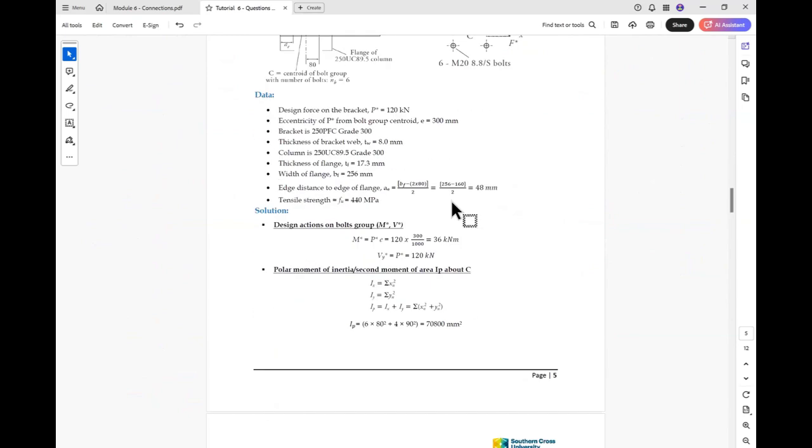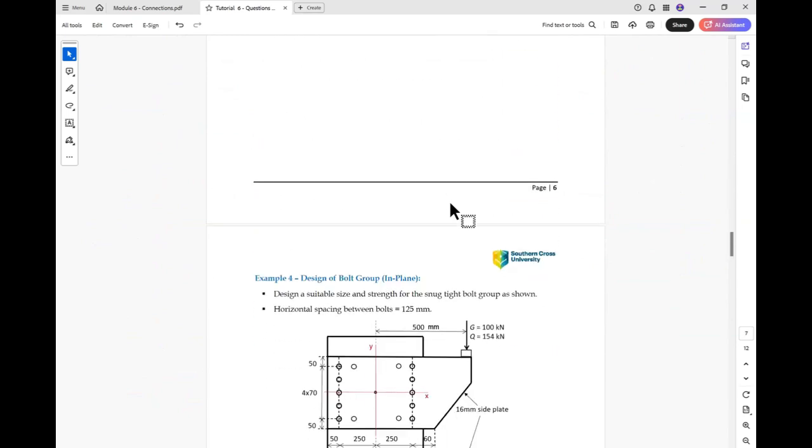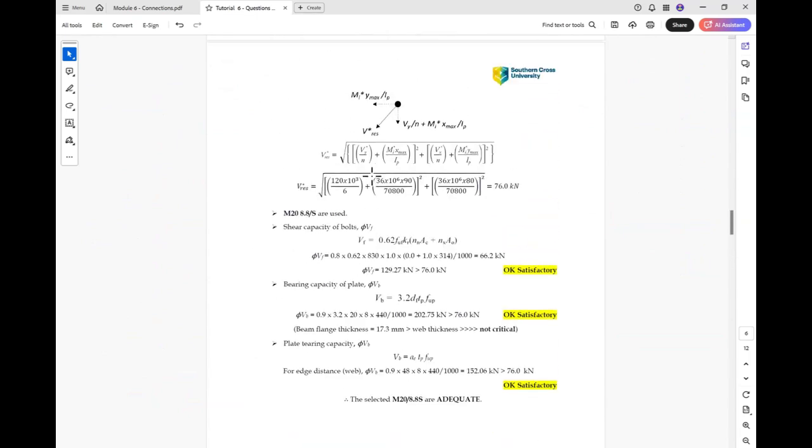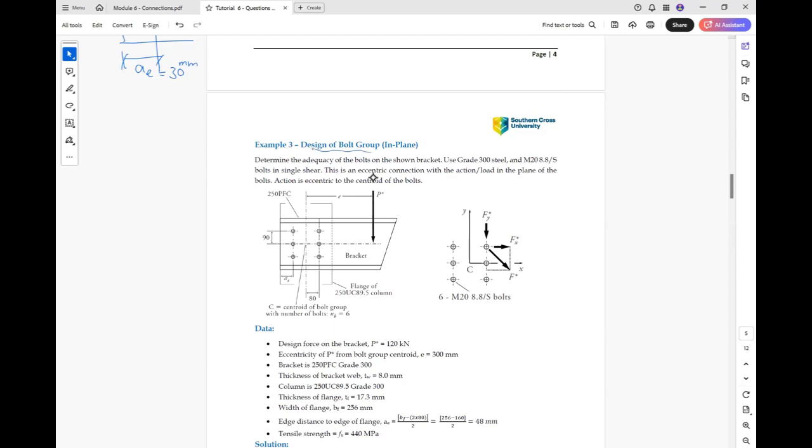So let's have another look here. Take this one. This example is for a bolt group in plane. We need to determine the adequacy of the bolts on the shown bracket. Grade 300 steel, M20 8.8/S bolts in single shear.